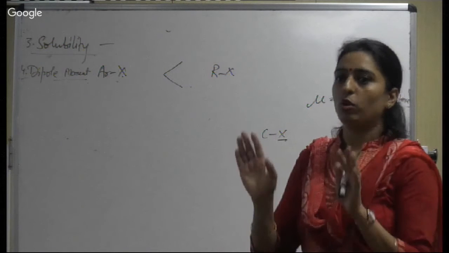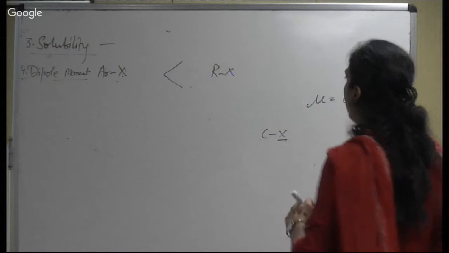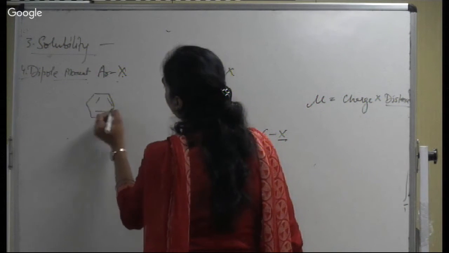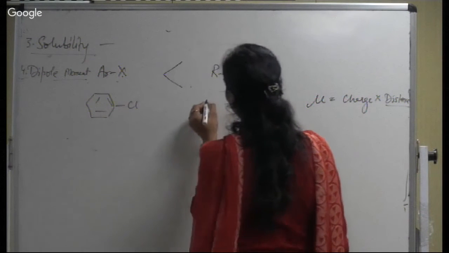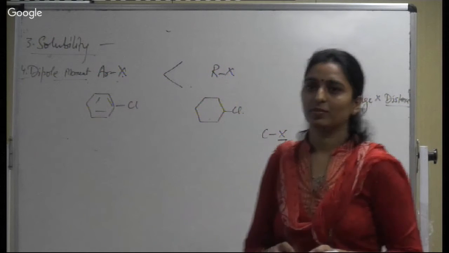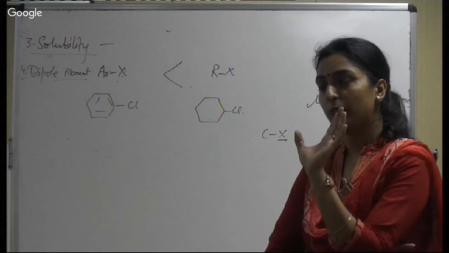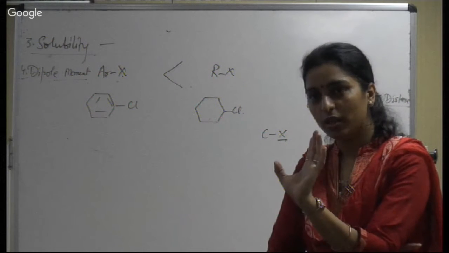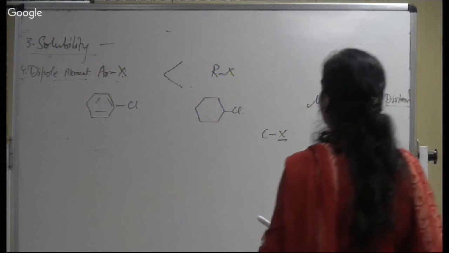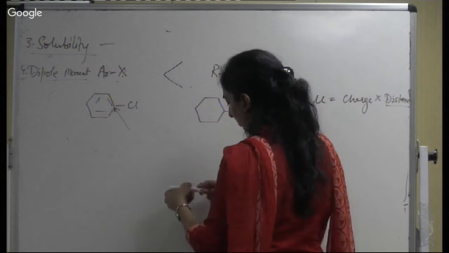Compare. Suppose you have chlorobenzene and you have cyclohexyl chloride. In which case do you think the dipole moment would be higher? In chlorobenzene, the carbon to which halogen is attached is sp2 hybridized. This is the only difference. This is sp2 hybridized.